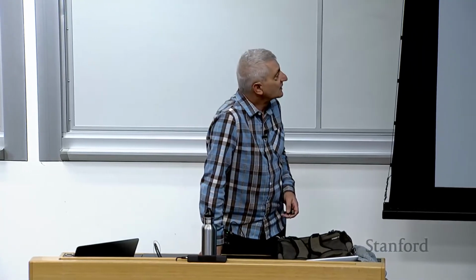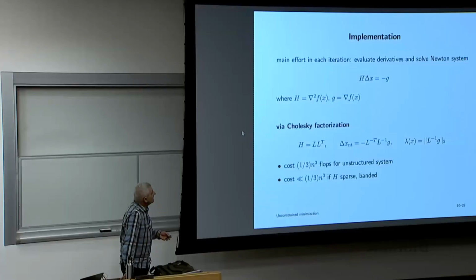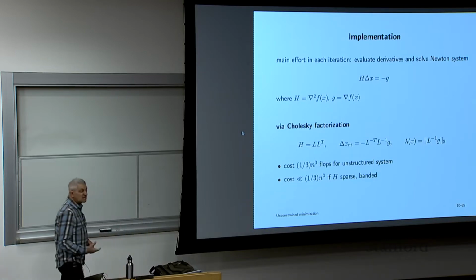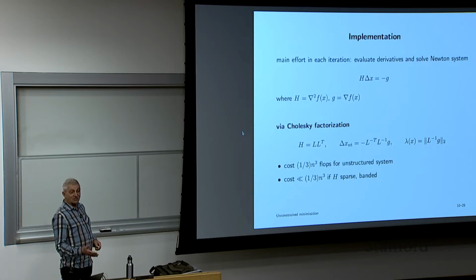By the way, that means you can import all the stuff you know about linear algebra with structure, banded and sparse and all that kind of stuff, and it all just slots right in here. Now, if there's no structure of any kind, that's going to be n-cubed flops for an unstructured system, right? If H were sparse or banded, it's going to be a lot faster to solve, if you know what you're doing.